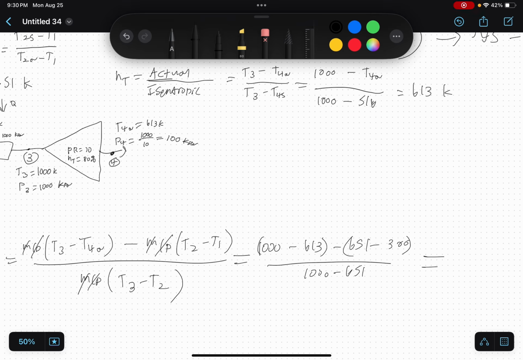And you get a gas turbine efficiency of 10%.